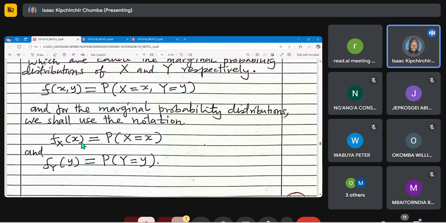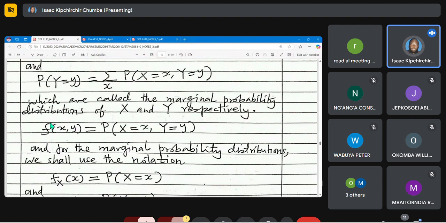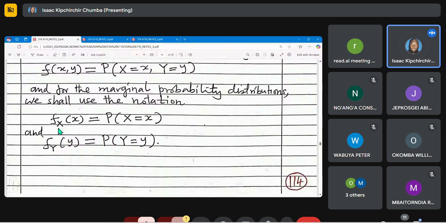Whereas for the individual, we have the marginal probability distributions. So we are using f for the joint, and then f subscript X for the marginal of X, and f subscript Y for the marginal of Y.